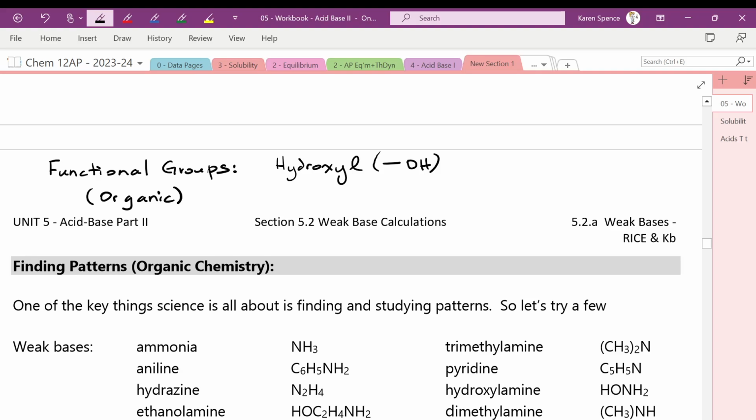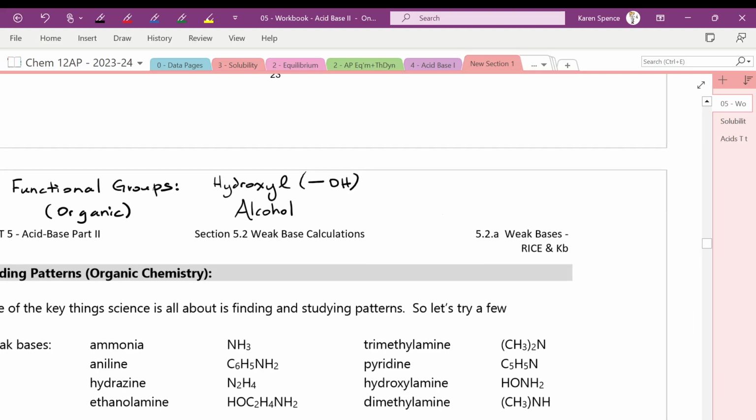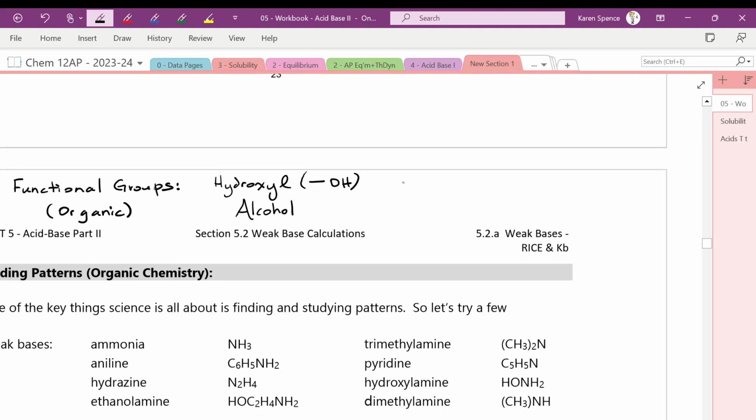If we have a hydroxyl, what kind of organic chemical do we have? Alcohol. Carboxyl. I'm actually going to go with carboxylic acid, COOH. The reason I'm not doing carboxyl on its own is that it leads us into esters, which we have not done.